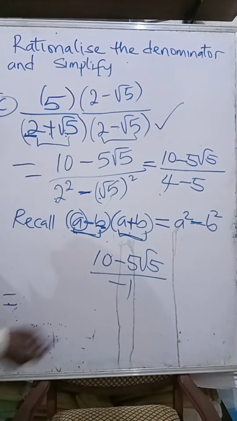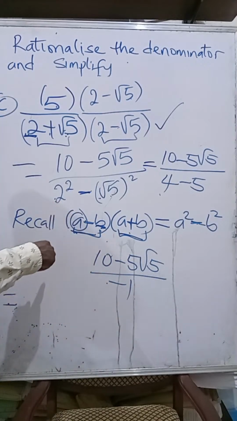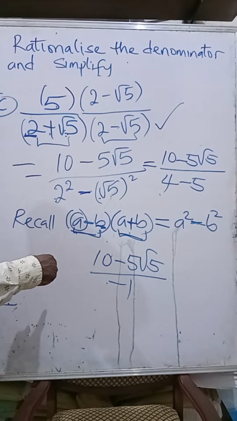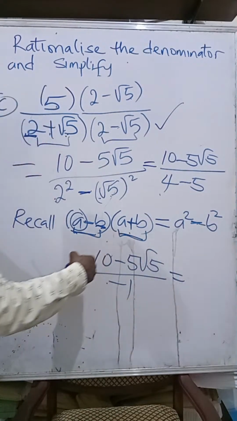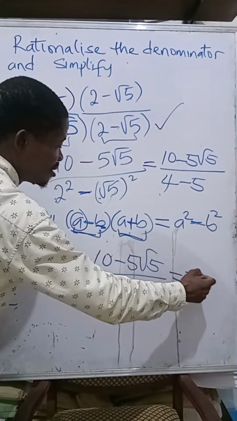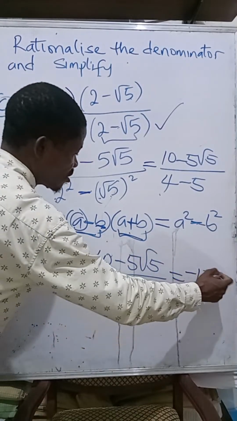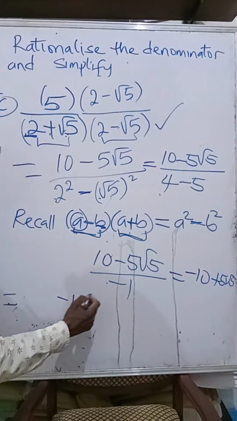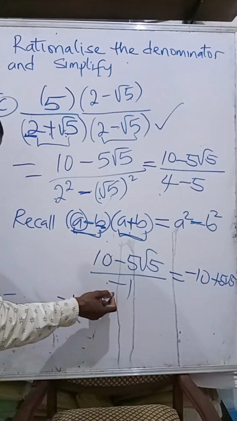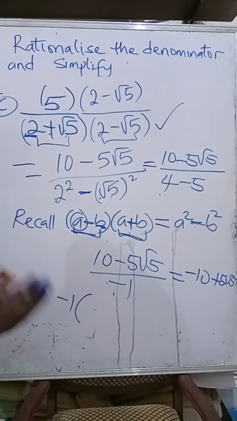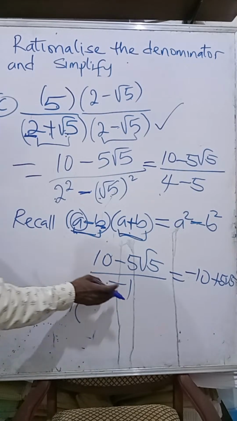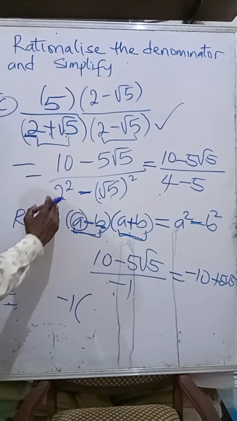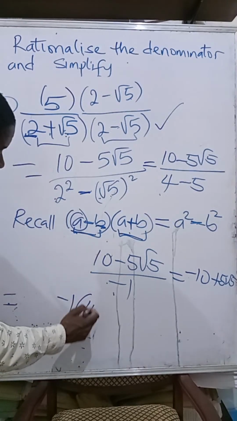And this minus, we go to the numerator and it's going to be minus 10, and then plus 5 root 5. Let me explain that. It's going to be minus 1 into brackets. So you can leave it this way, but to make it more professional, when you have minus at the denominator, you can take it up. So it's going to be this.